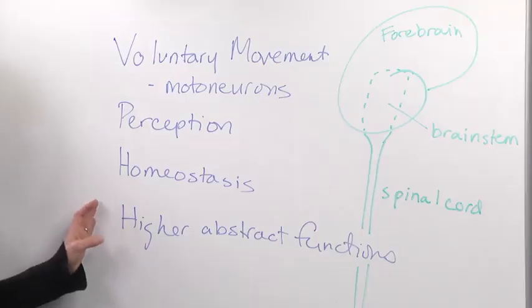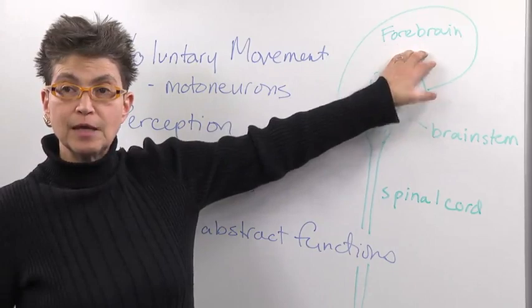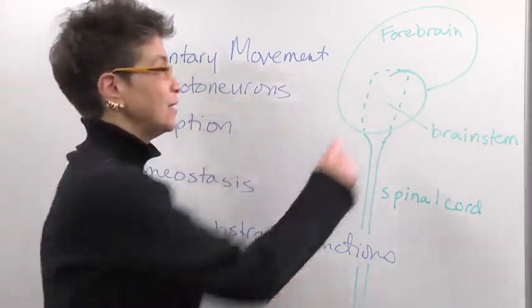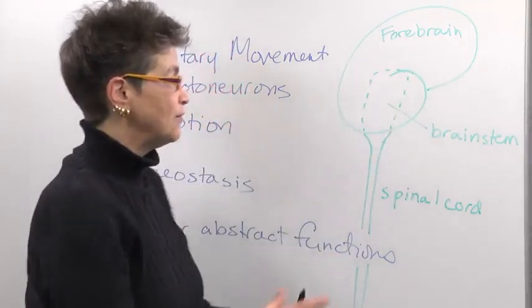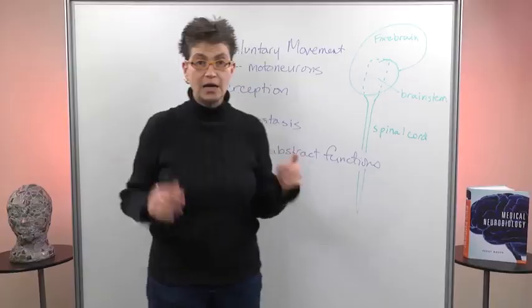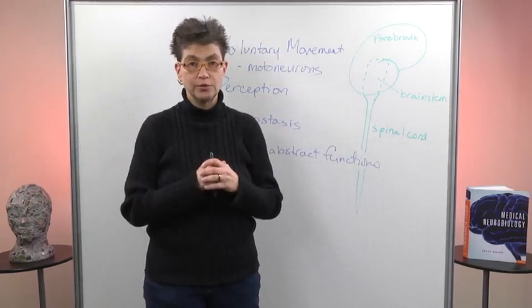And finally, higher abstract functions depend entirely on the forebrain. They all take place, like cogwheels just running around in the forebrain. So even if you didn't have the brainstem and the spinal cord, if you could keep this forebrain alive, the thoughts and emotions could turn their wheels.